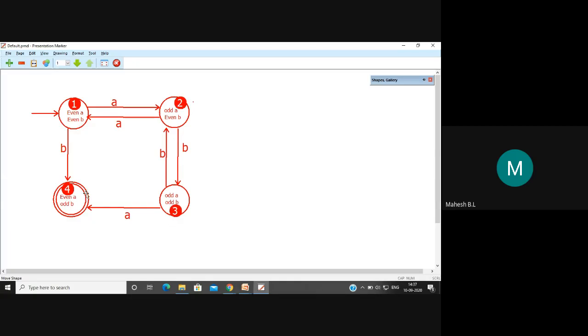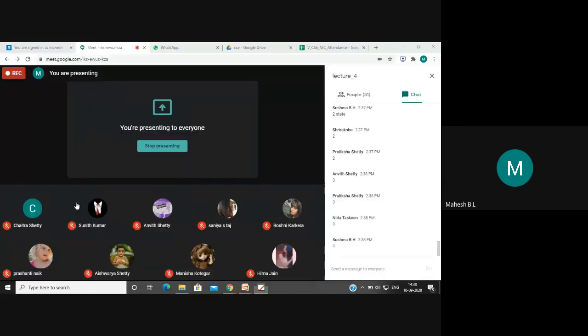Now let's consider state 4. State 4 is representing even A, odd B. Now after reading another A, to which state should your DFSM make the transition?